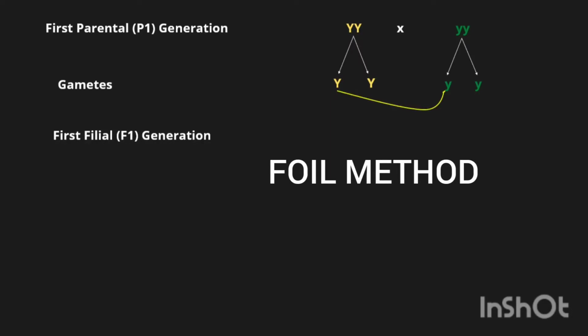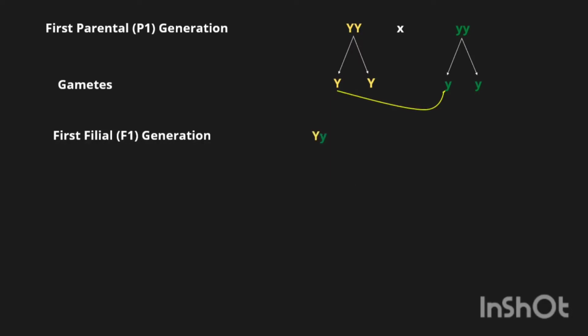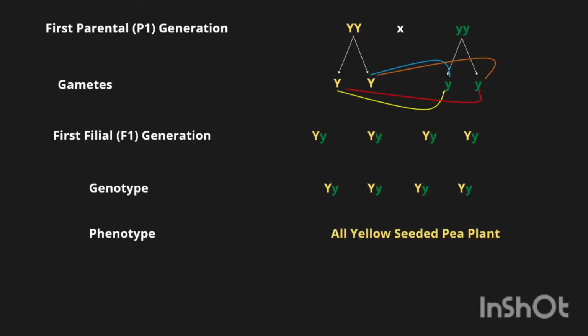So first we have the genotype with an allele for yellow and green, another genotype with an allele for yellow and green, and so on. So our genotypes are as follows, and our phenotype is all yellow-seeded pea plants.